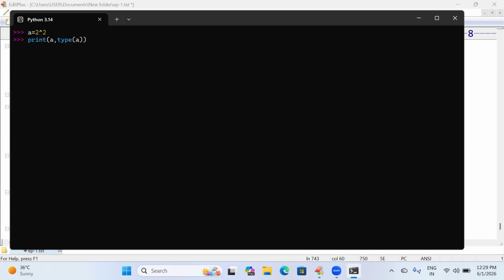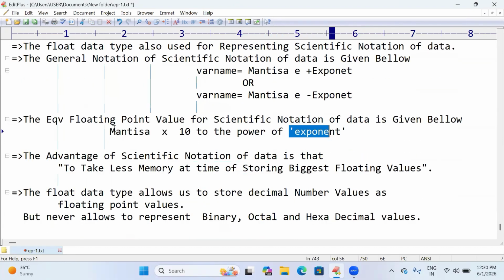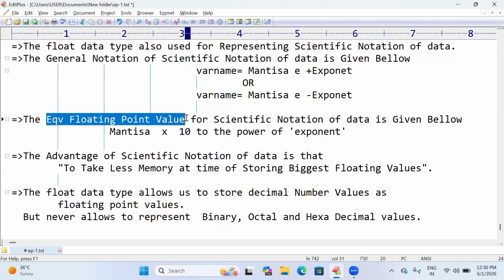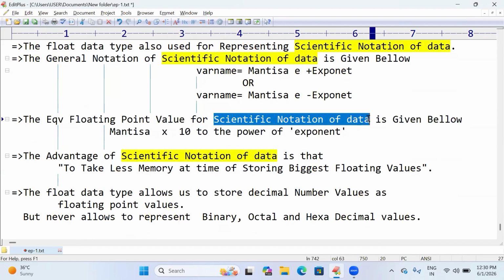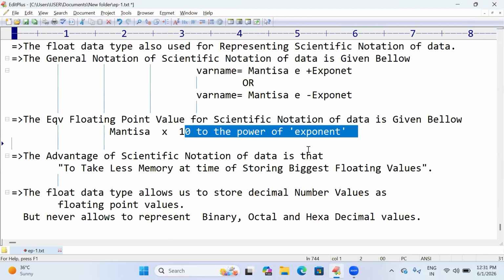I print this A, and it gives 0. That is not right, since 2 power 2 is 4, but it gives 0. That is the reason I'm not using this symbol here. So the equivalent floating point value for scientific notation of data is mantissa into 10 to the power of exponent.